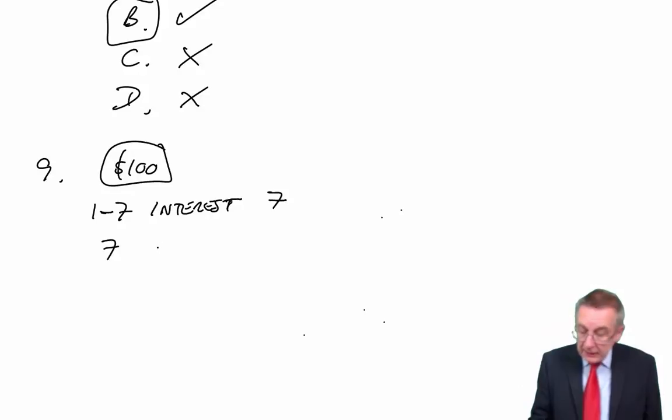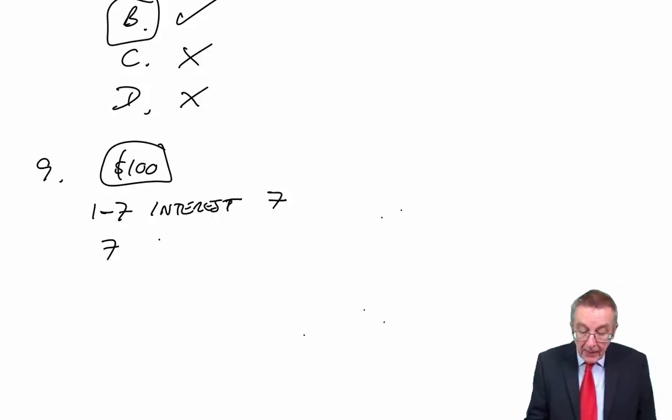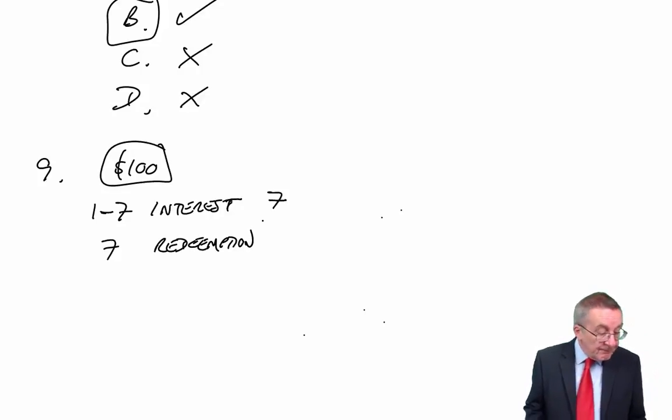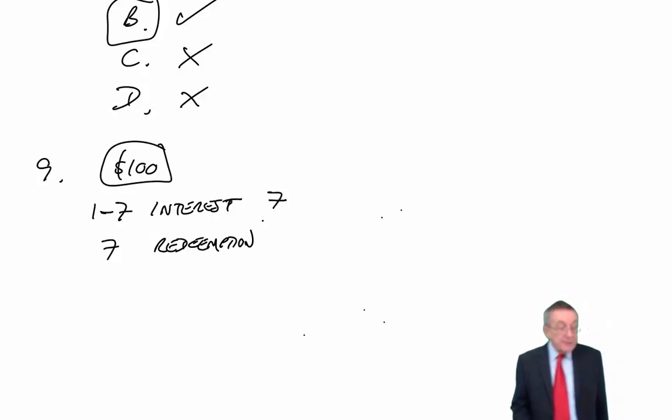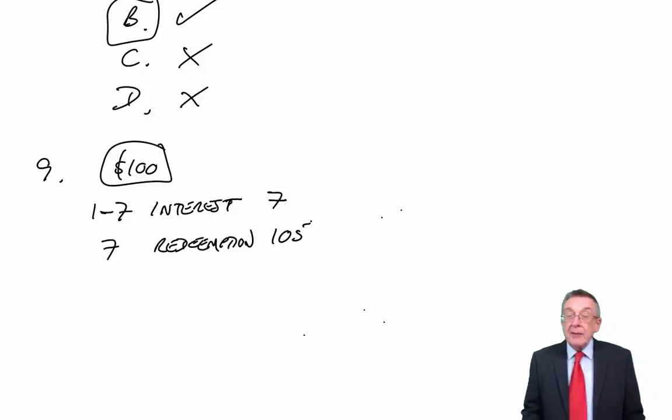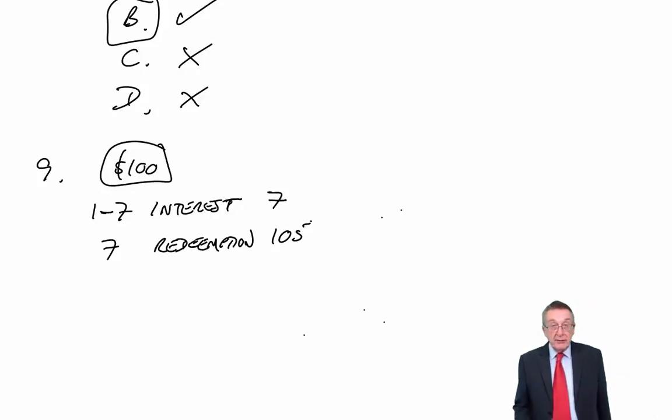In 7 years' time, these will be repaid or redeemed. It says they're redeemed in 7 years' time at a 5% premium on the nominal value. So on the nominal of 100, a 5% premium, they'll be repaid 105. Those are the receipts the investors are expecting.